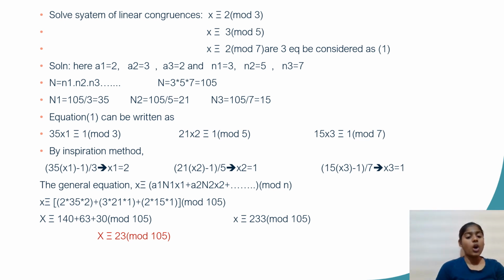Then x is congruent to 140 plus 63 plus 30 in mod 105. As we add all these three numbers, we get x equals 233 in mod 105. The remainder is greater than the n value, so divide 233 by 105. We get x congruent to 23 in mod 105.